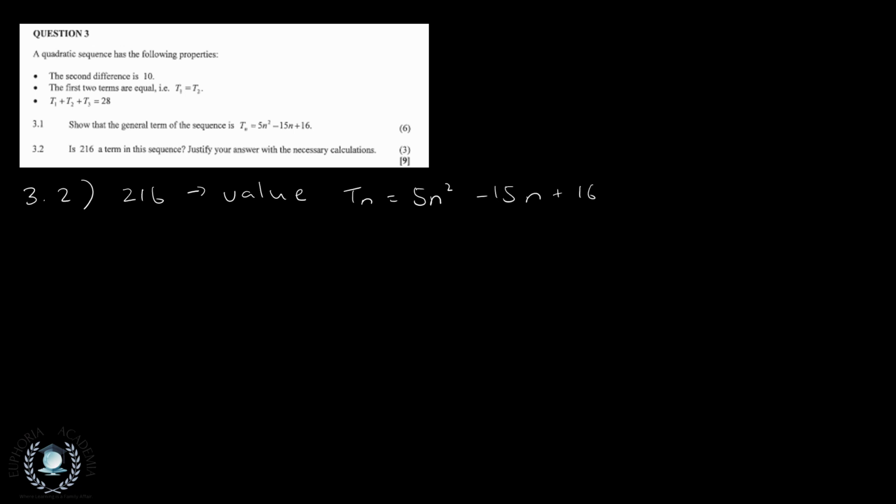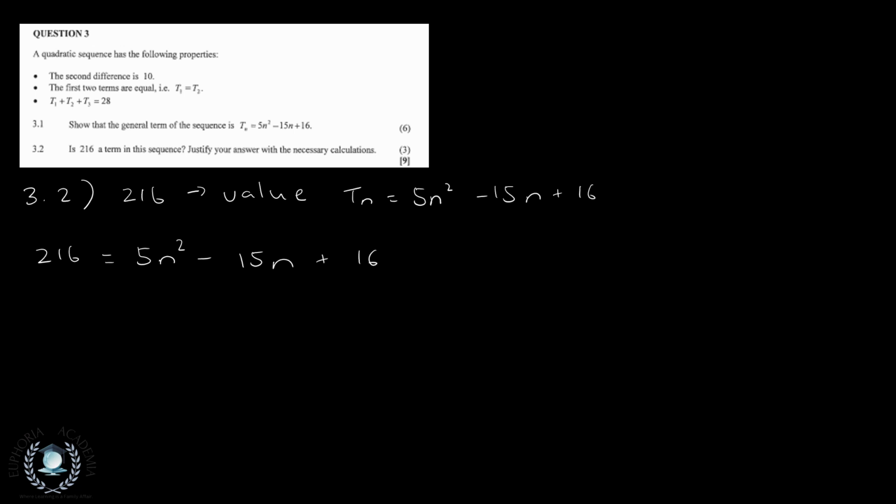That's what it's asking. It's not saying that it is the term number, but is it a value that this sequence will produce, essentially. So all we're going to do is substitute 216 into our general formula, and that is going to be 216 equals 5n squared minus 15n plus 16.